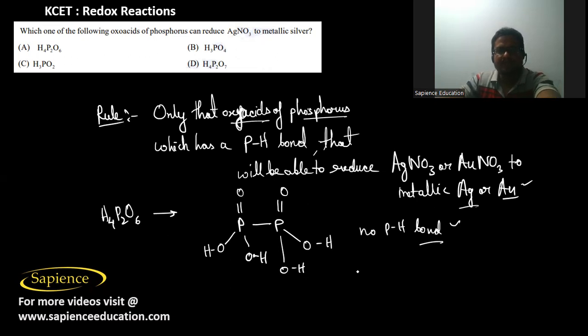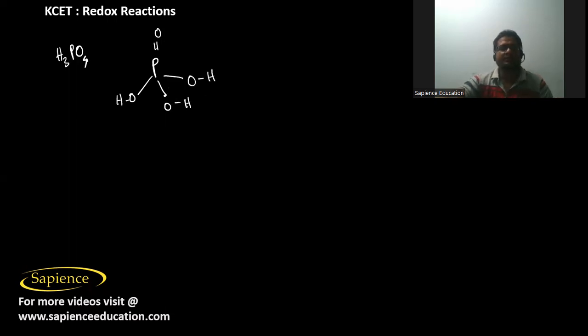And similarly, the structure of H3PO4 will be like this. Here we have P-OH thrice and one double bond to oxygen. So it is the structure of H3PO4. So here also we have no P-H bond. So it will also not be able to reduce silver nitrate to silver.